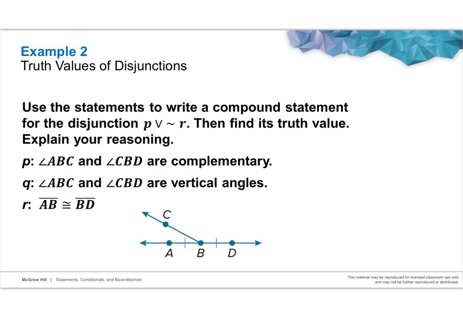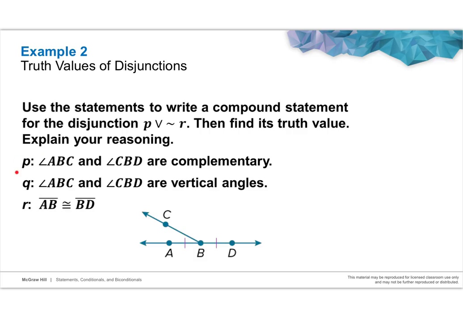Now we'll talk about disjunctions, which remember is this symbol of the upside down caret here. And we're talking about using the word or to connect the statements. So it says use the statements to write a compound statement for the disjunction P or not R, and then find its truth value and explain your reasoning.